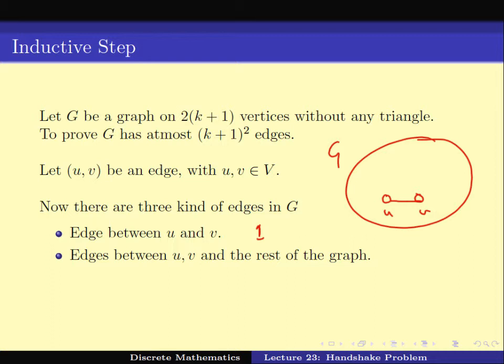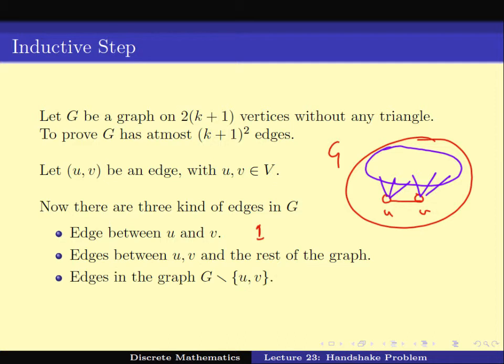Number 2: look at all the vertices other than u and v. There can be edges from u to some of the vertices in the graph, and from v to the rest of the vertices. So edges between u, v and the rest of the graph. And the third one is the edges that are within vertices which don't even touch u or v. So the edges in the graph G minus {v, u}.